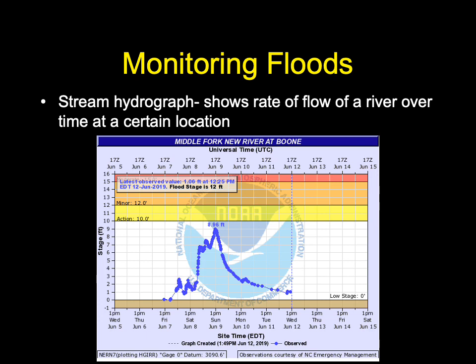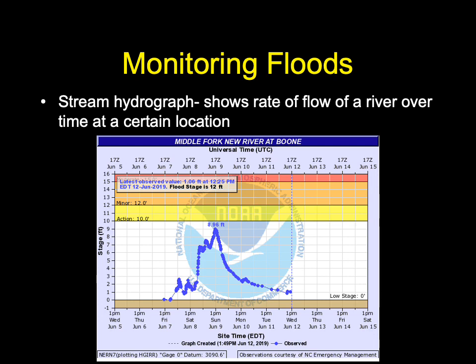He has a bunch of sensors in Boone Creek, and he has it set up to where it alerts his phone. If there is a rise in the stage of Boone Creek near campus, because his office is on the ground floor of Rankin West, his phone beeps whenever the monitors say that the stage of Boone Creek is rising. And so he knows to alert somebody to go make sure they put in the sandbags to keep the water out of Rankin West from Boone Creek.